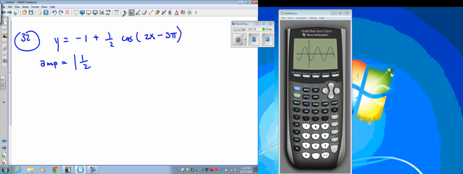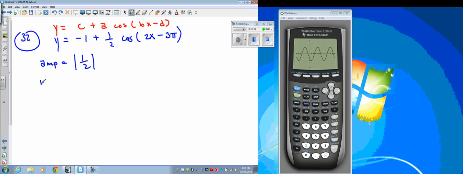See, that's this thing right here. This is the form we have: C plus A cosine (bx minus d). And the 1/2 is in the amplitude position.